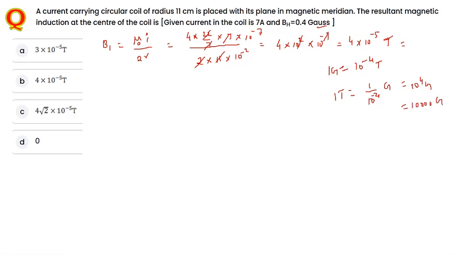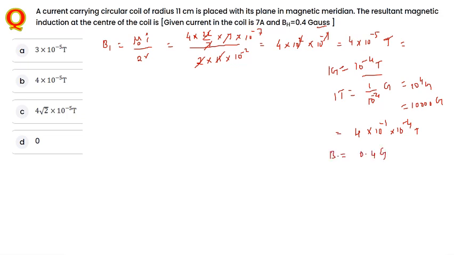According to this, arrange it here: 4 into 10 power minus 1 into 10 power minus 4 Tesla. 10 power minus 4 Tesla is nothing but gauss. So what I mention here is 0.4 gauss.